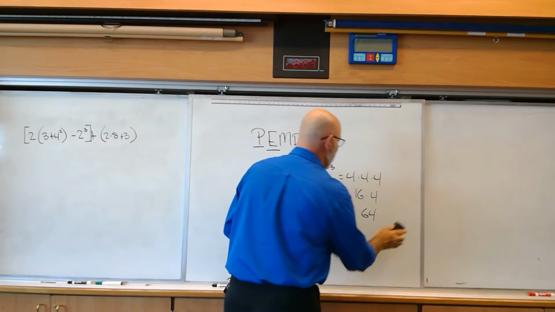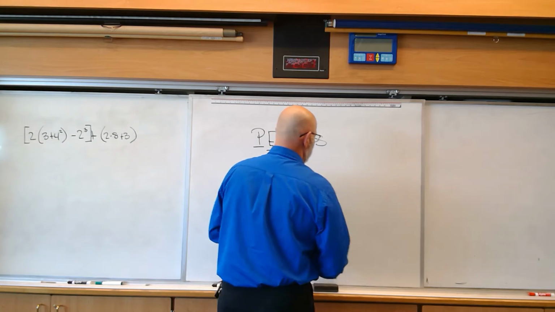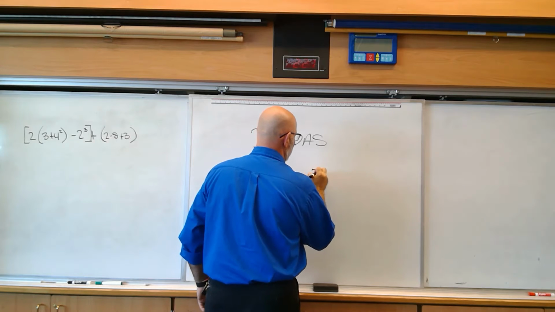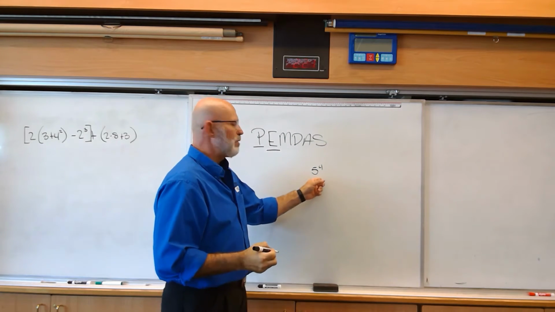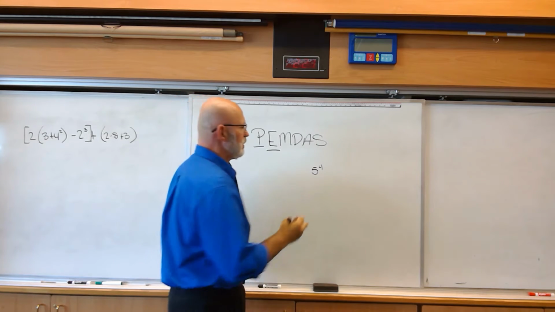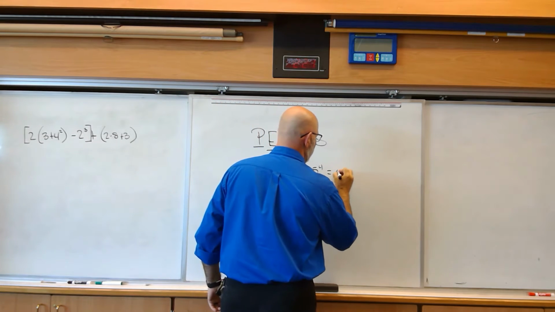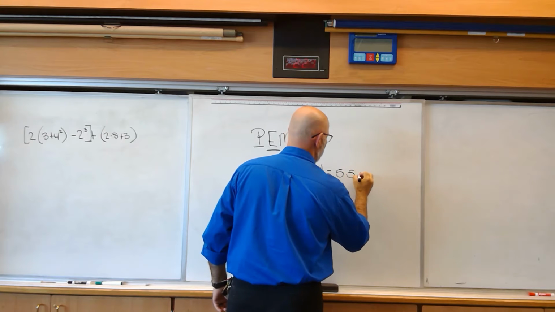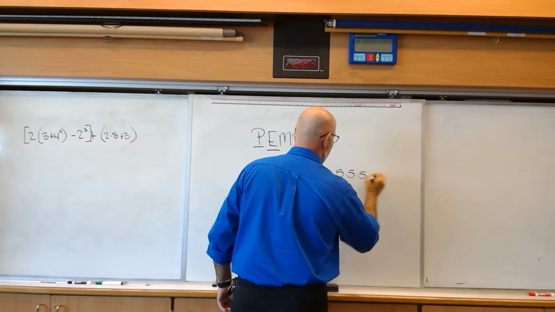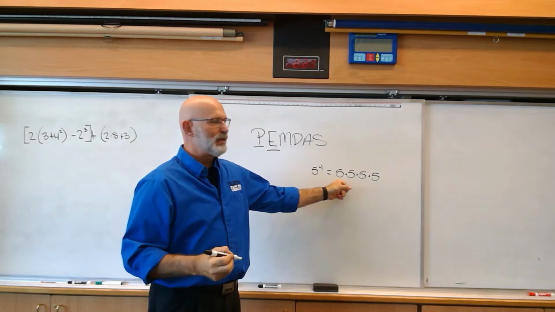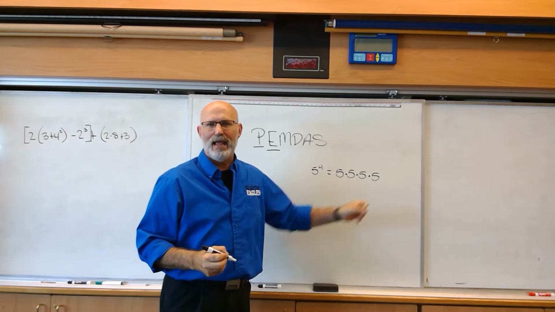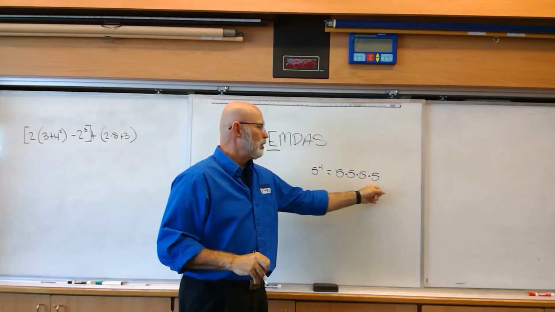If we had something like 5 to the fourth power, it's telling me how many times I need to multiply 5 by itself. So 5 times 5 times 5 times 5. I'll put these a little bit bigger so you can see them. Since I have 4, I'm going to multiply these two and these two together.